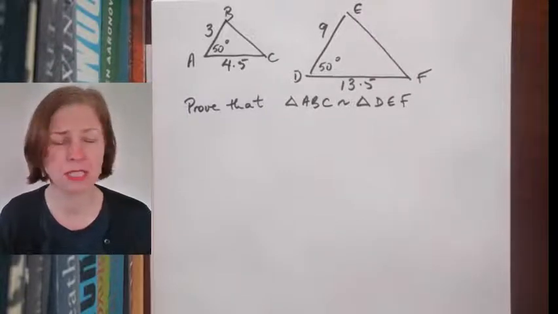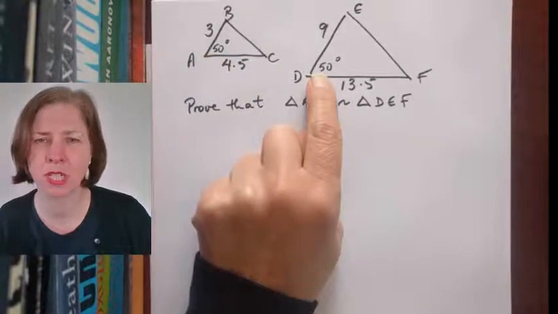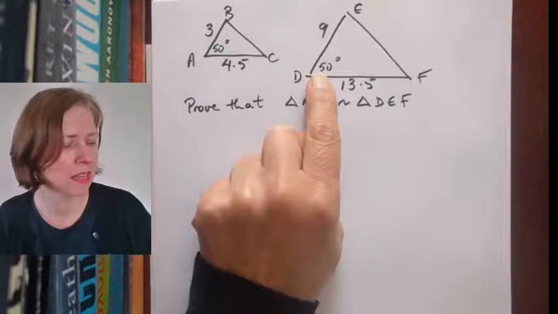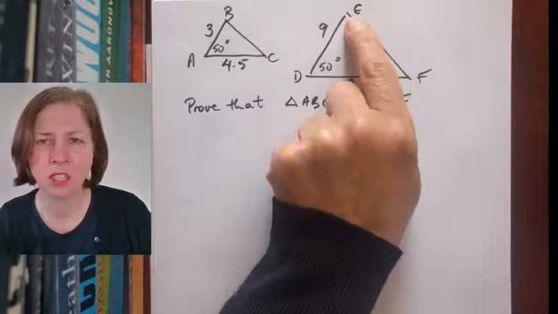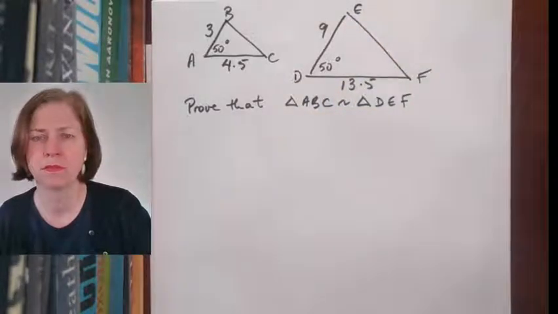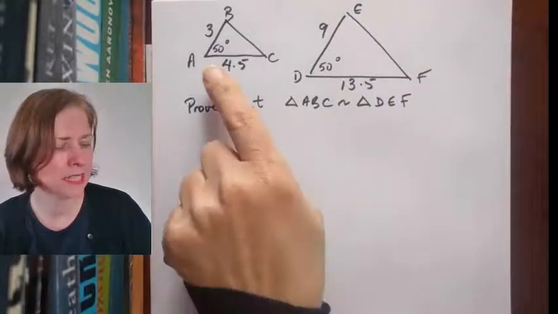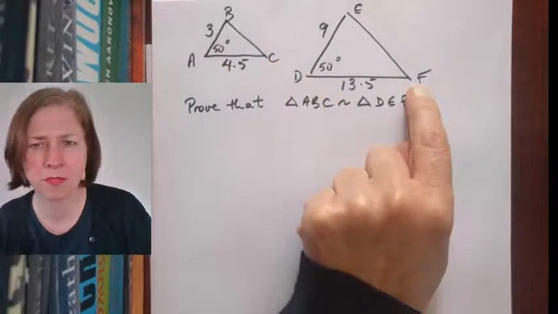So I'm going to match up the sides. Now, assuming that these two angles are corresponding because they are equal, that means that AB and DE will be corresponding. That also means that AC is a corresponding side to DF.